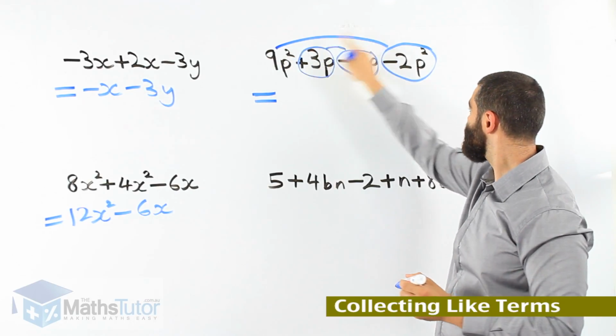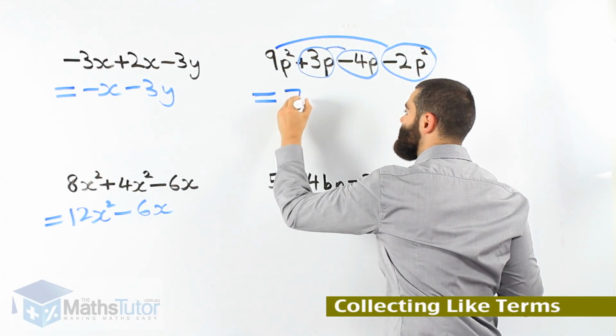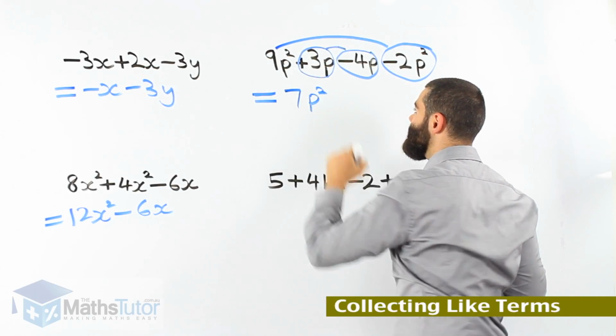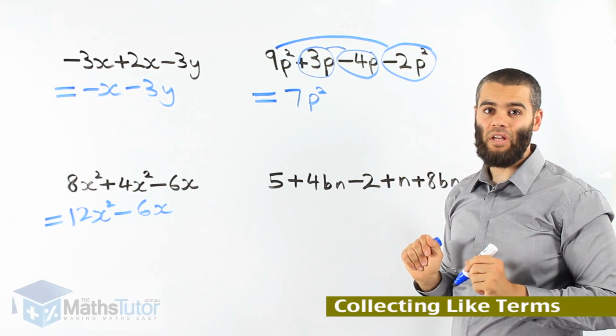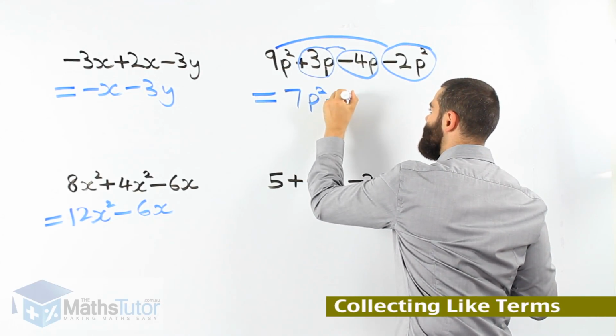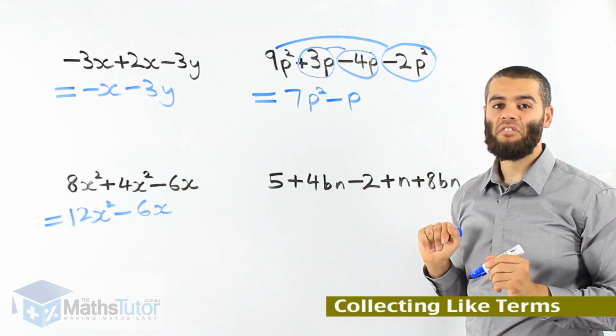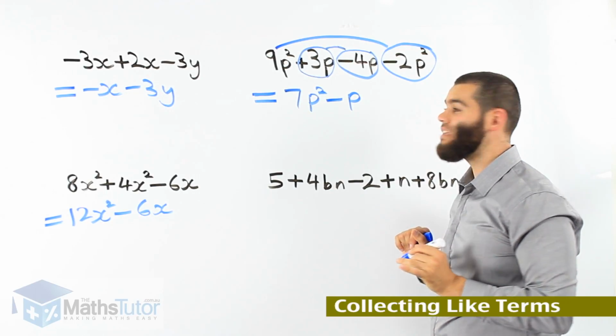So 9p squared minus 2p squared. So 9 take away 2, 7p squared. And here we have 3p minus 4p. So 3 take away 4 is negative 1, which is negative 1p or just negative p. So 3p take away 4p is negative p.